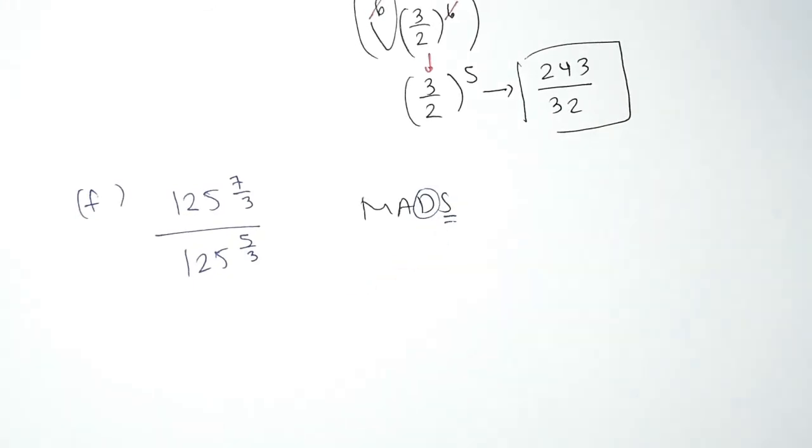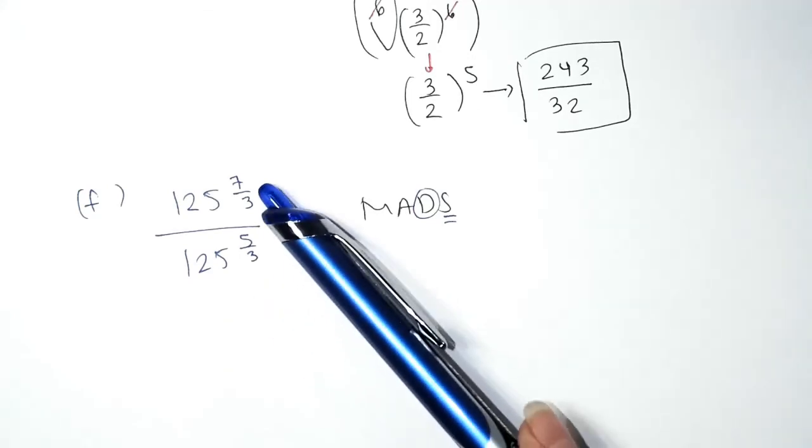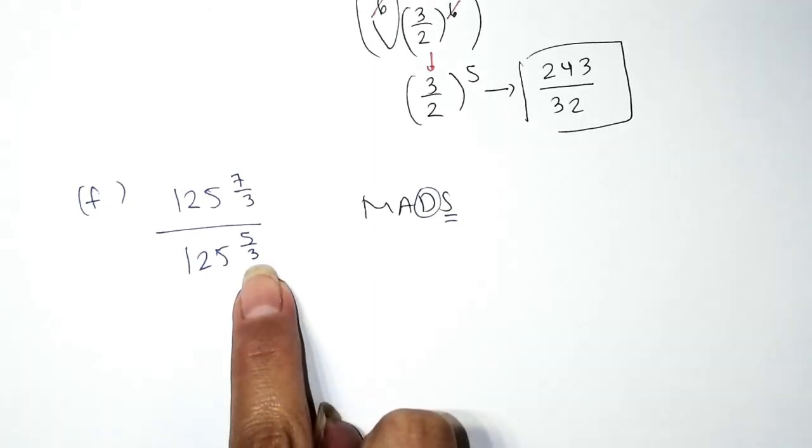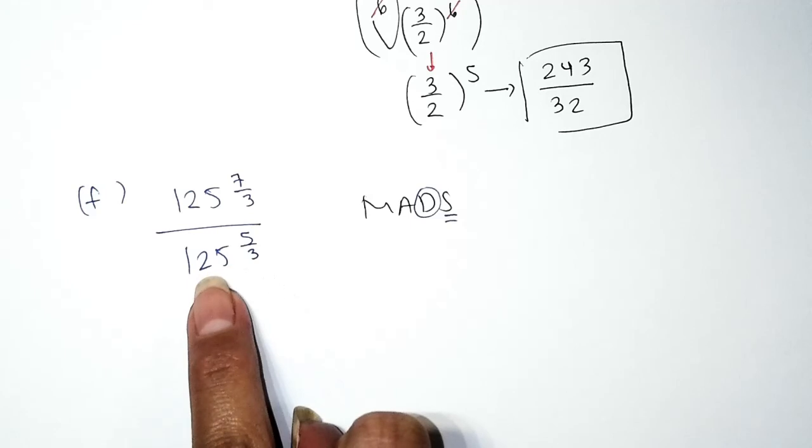Because we have a division problem, what are we going to do with the exponents? We're going to keep the base and subtract the exponents. I could care less which of the two exponents you subtract, but if you want to avoid having a negative exponent, then I encourage you to subtract the smaller exponent. In this case, it's 5/3. So we're going to divide top and bottom by 125 raised to the 5/3.